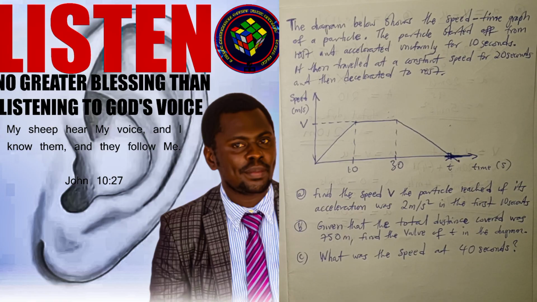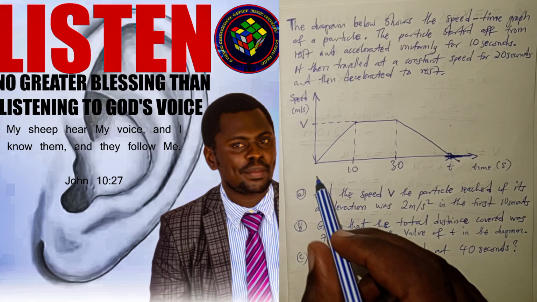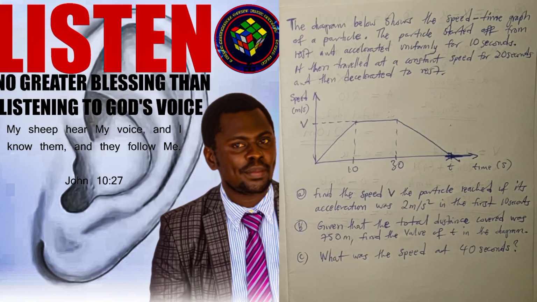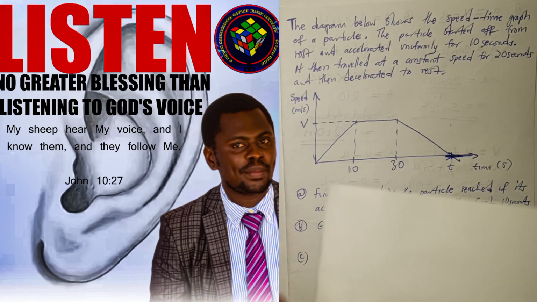First question A. Find the speed v the particle reached if its acceleration was 2 meters per second squared in the first 10 seconds. Okay, so here we assume that we are solving for acceleration in the first 10 seconds. So use the same formula.